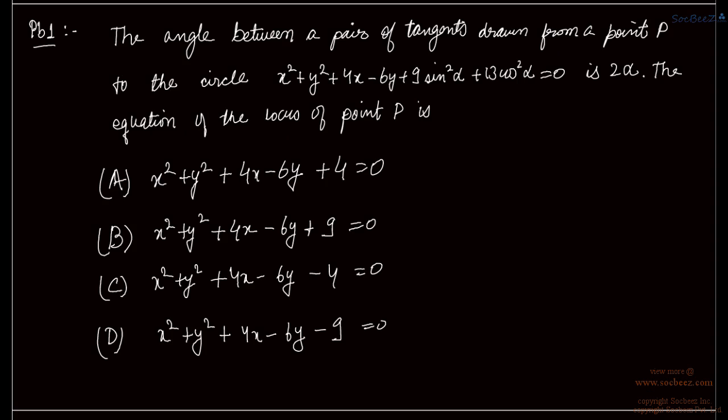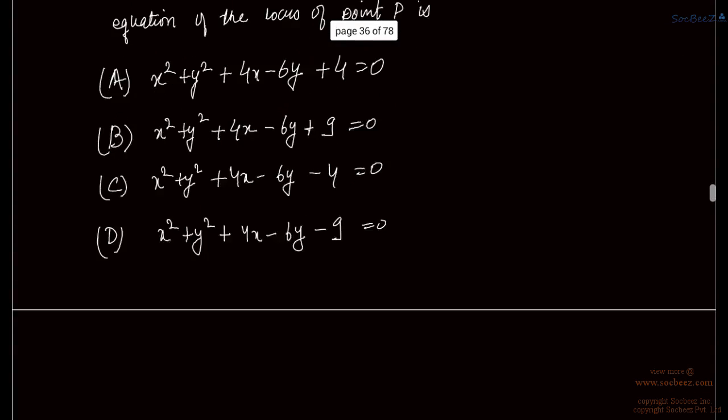So we have an equation of a circle which is actually variable with parameter alpha. So let us write the equation of the circle.